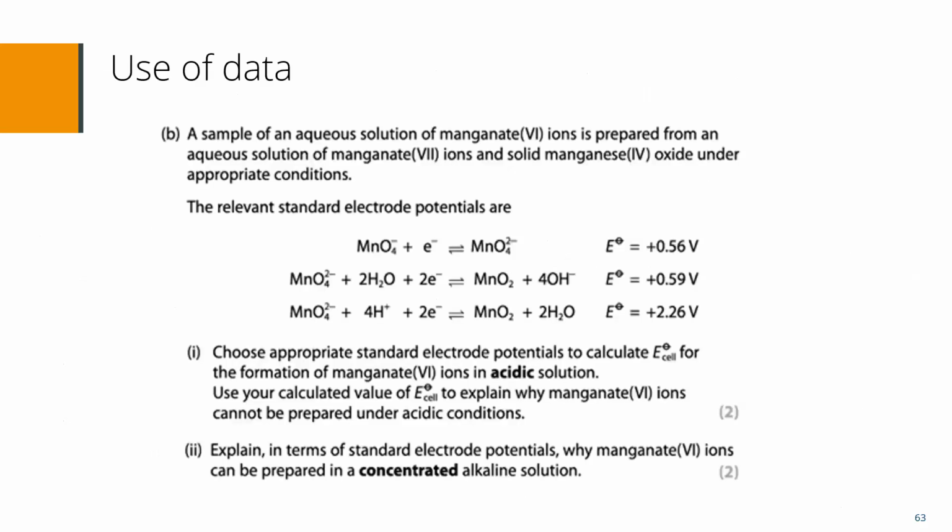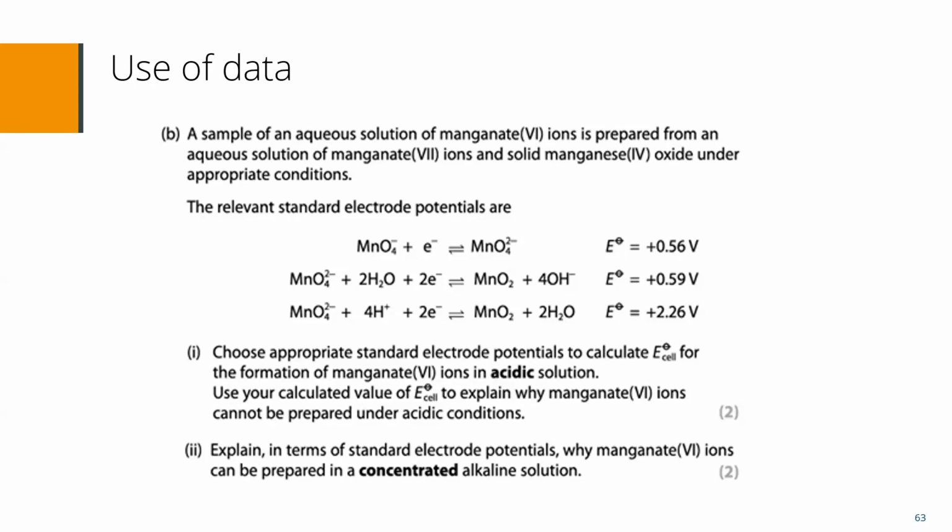Okay, right, use of data. Here they are given redox potentials, and they're asked to use those redox potentials to calculate E0 cell, or to explain why a reaction cannot be prepared under acidic conditions, and then to explain in terms of standard electrode potentials why manganate(VII) ions can be prepared in concentrated alkaline solution. Okay, and you'll notice that they are asked to calculate E0 cell, even though this is not mentioned in the specification.